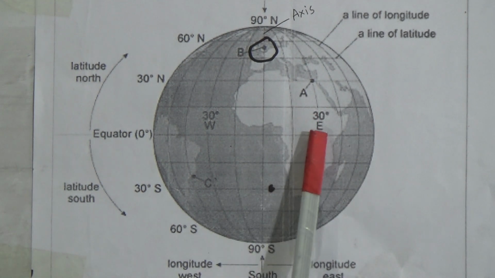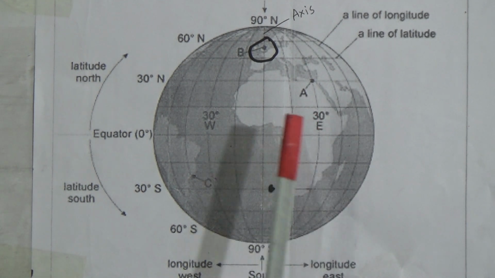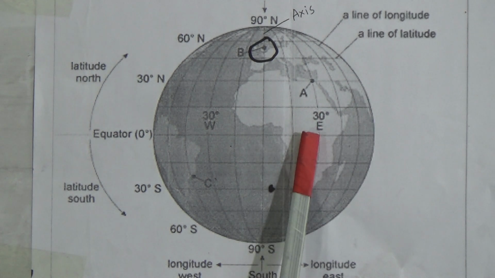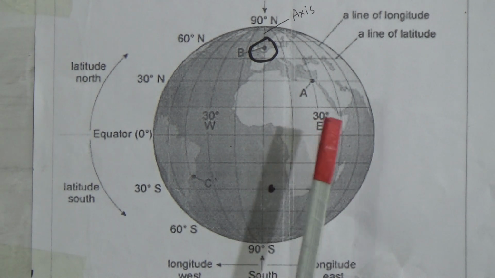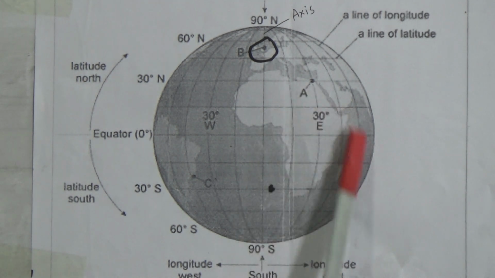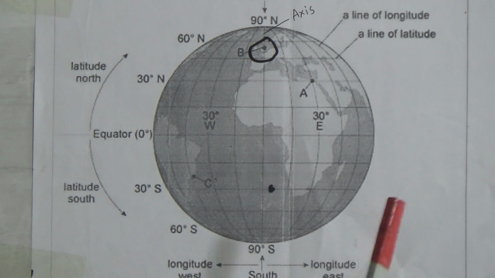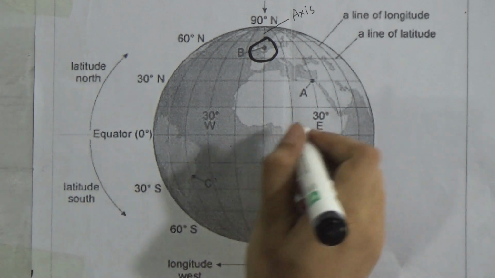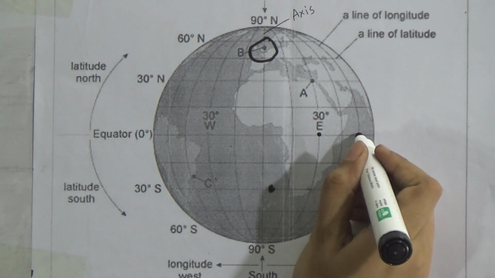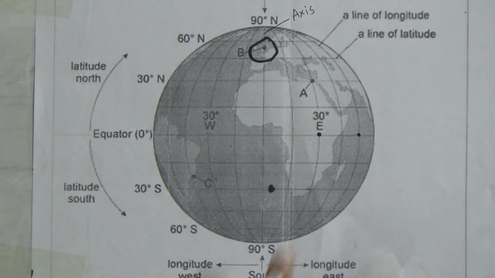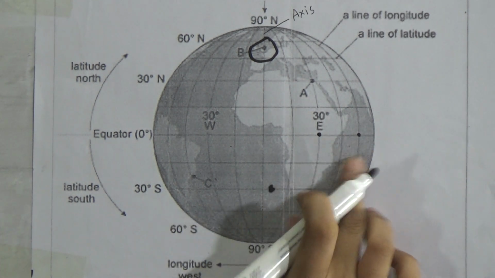The meridian of Japan is 139 degree 45 minute east, and the meridian of Bangladesh, that means Dhaka, is 90 degree east. Suppose this is the meridian line of Japan, and this is the meridian line of Dhaka. So how will we find out the difference?